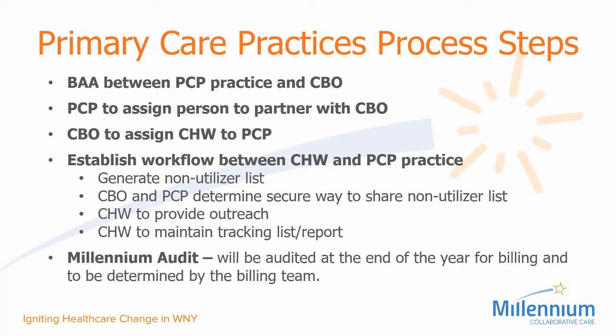You have to establish a workflow between the two, the CBO and the primary care practice, and that list has to be generated. There has to be a way to share that information in a secure manner between the primary care practice and the CBO.